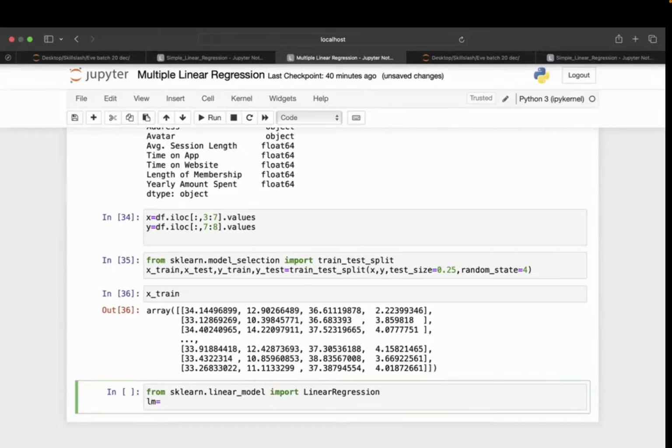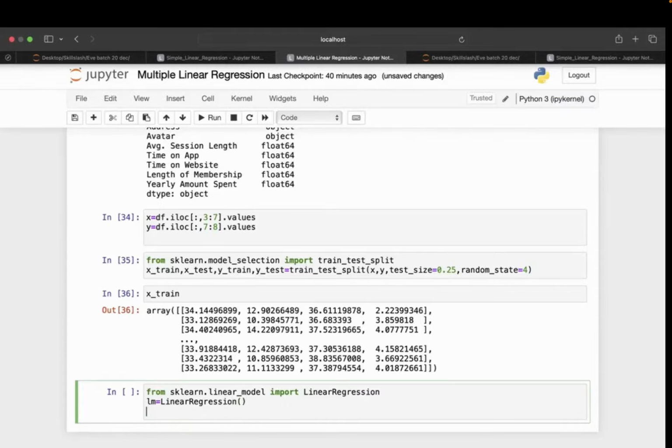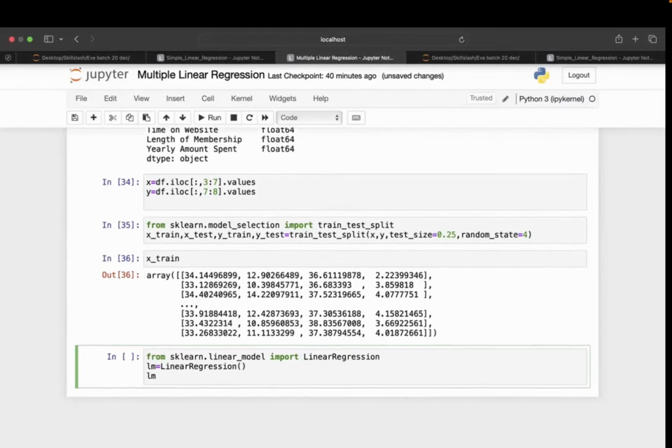Saving that in some variable lm and writing linear regression. I'm going to choose this lm variable to fit the data set inside the model. While fitting, we give X train and Y train.